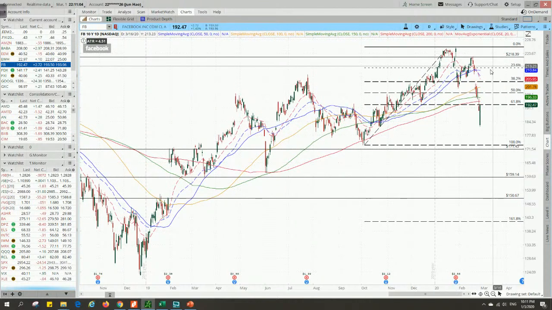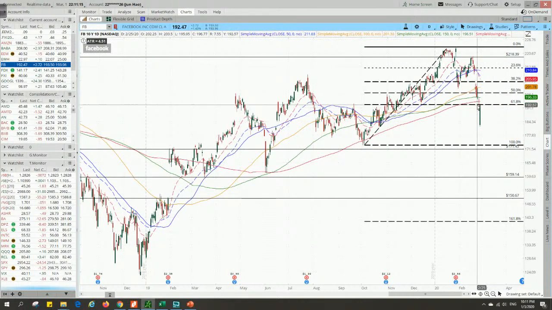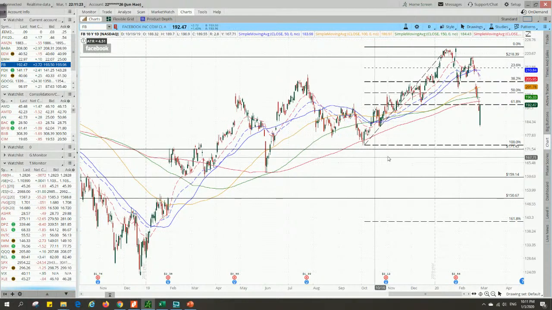You see these are the corresponding levels, and right now we see that 61.8 could be acting as a resistance. So depending on you, you may want to accumulate now since Facebook is undervalued, or you could wait for it to hit the next key level, which is at the 100 mark, this $171.45 right here.